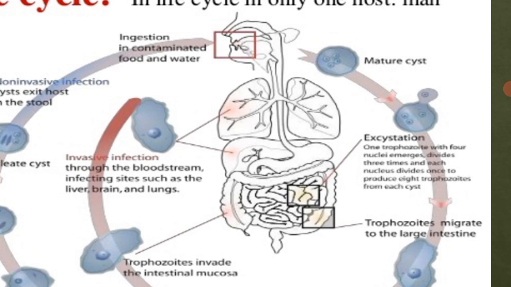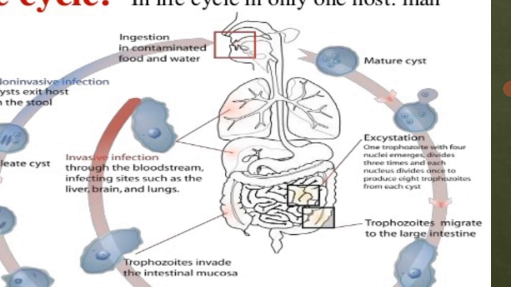Which means one trophozoite, you can see the 4 nuclei, that is called one trophozoite. After dividing, each nucleus from these 4 divides once to produce 8 trophozoites.